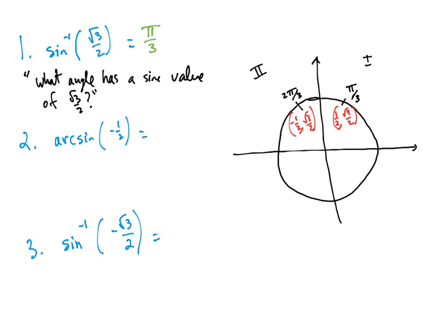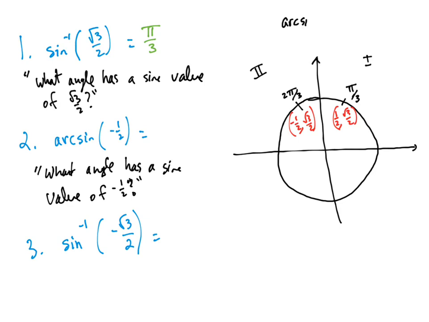All right, arcsine of negative 1/2. Again, this is saying what angle has a sine value of negative 1/2? Now, arcsine is kind of an outdated way of writing the inverse, but it means the exact same thing.